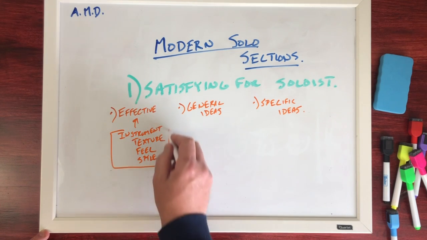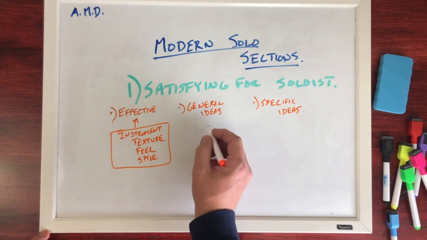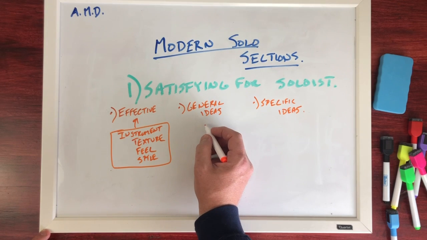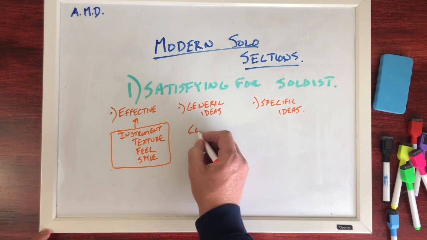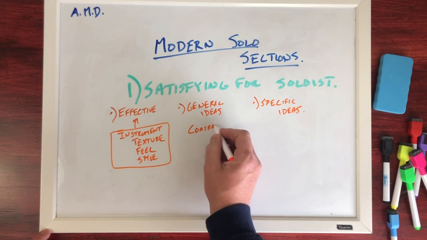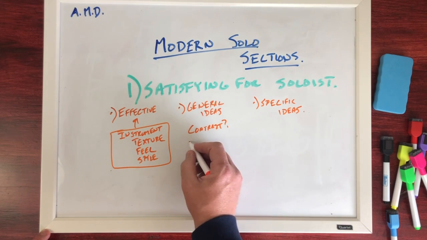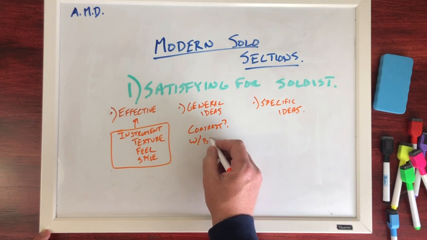If you're writing for a bass solo, you probably don't want to have the band playing super loud. If you're writing for a trombone, maybe you want to have backgrounds and instruments that are in a different range than the trombone. If you're writing for the piano, maybe that's going to affect how you're going to write backgrounds.